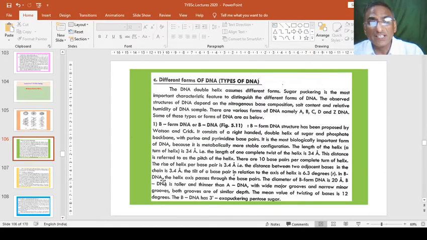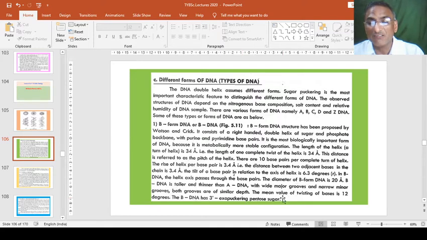In B DNA, the helix axis passes through the base pairs. The diameter of B form DNA is 20 angstrom. The B DNA is taller and thinner than A DNA, with wide major grooves and narrow minor grooves, and both grooves are of similar depth.